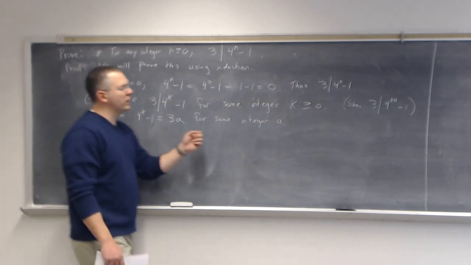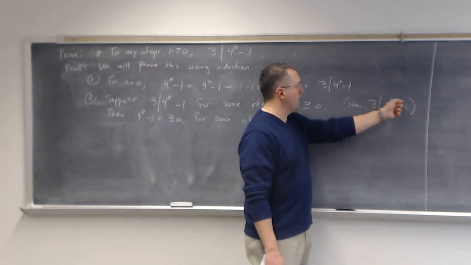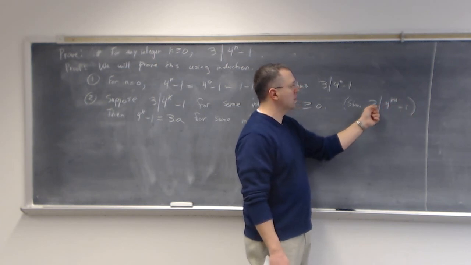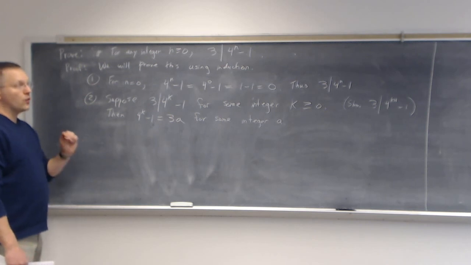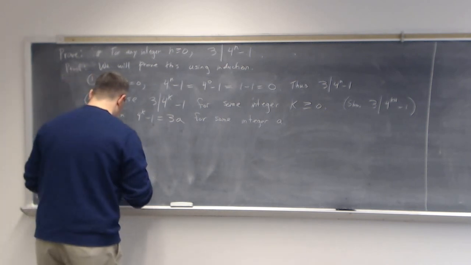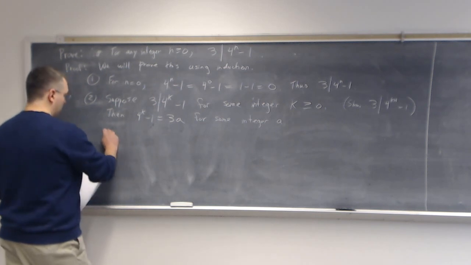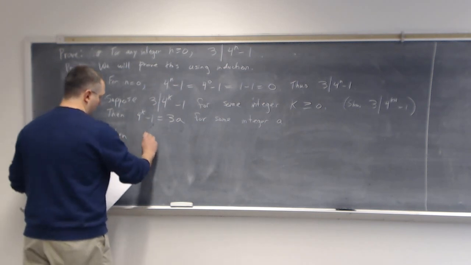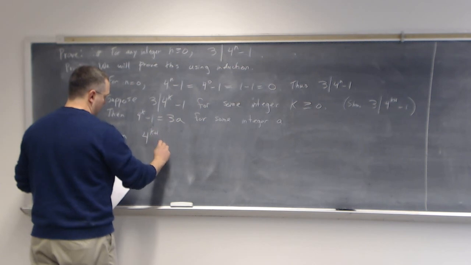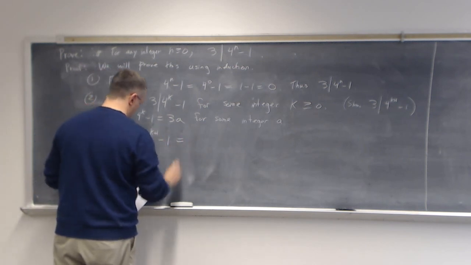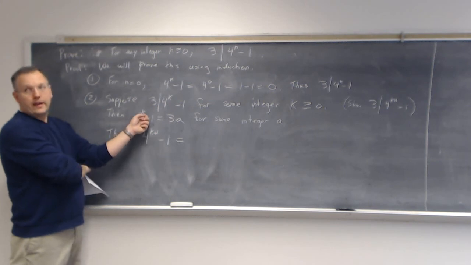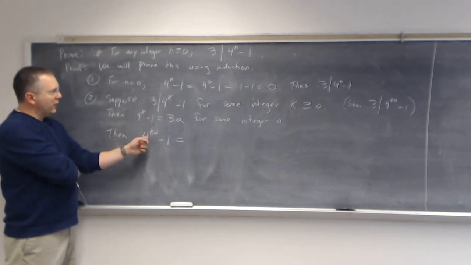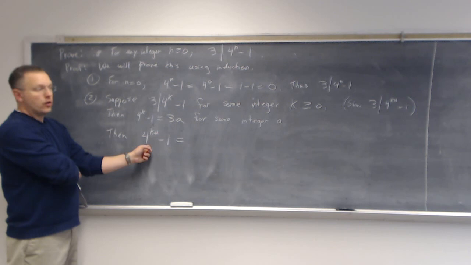All right, so what do we need to show? We need to show that 4 to the k plus 1 minus 1 is divisible by 3. So let's look at that quantity, 4 to the k plus 1 minus 1. We know something about 4 to the power k, and there is a 4 to the power k here.